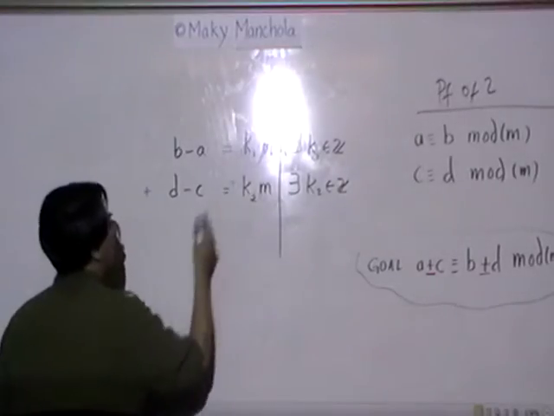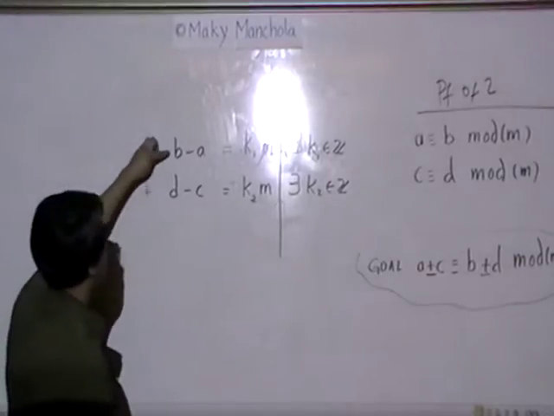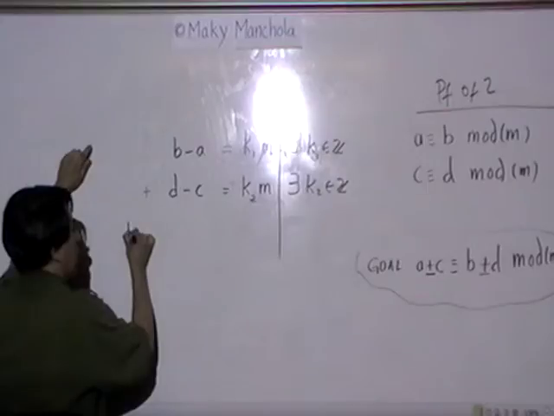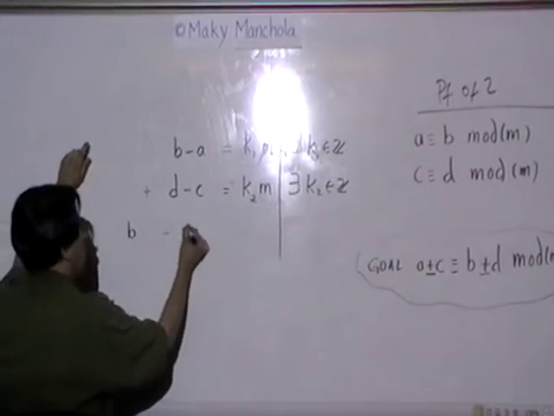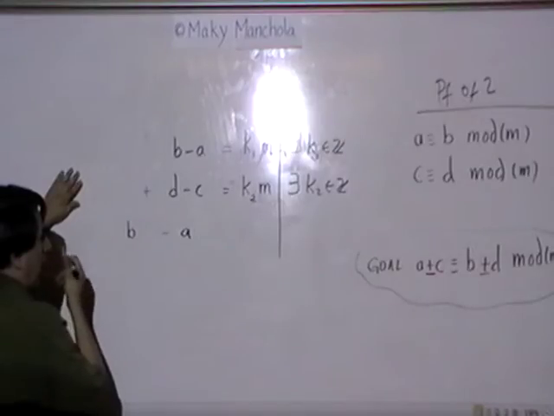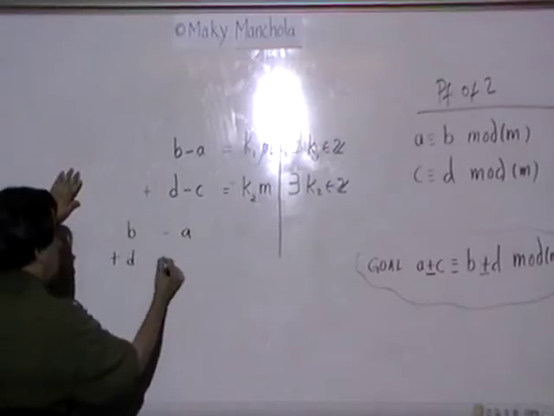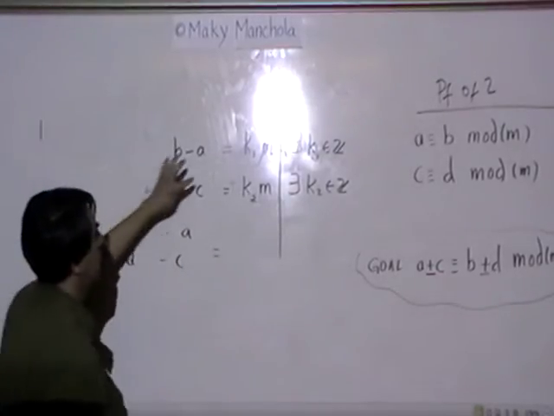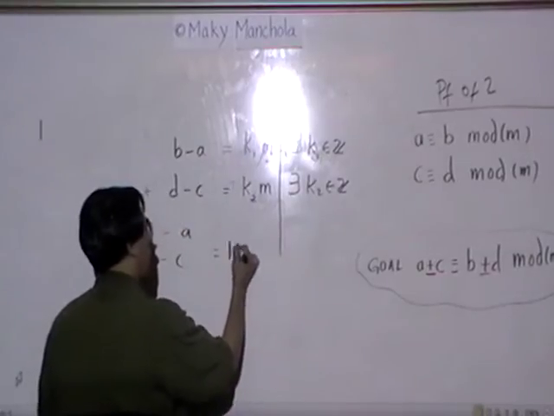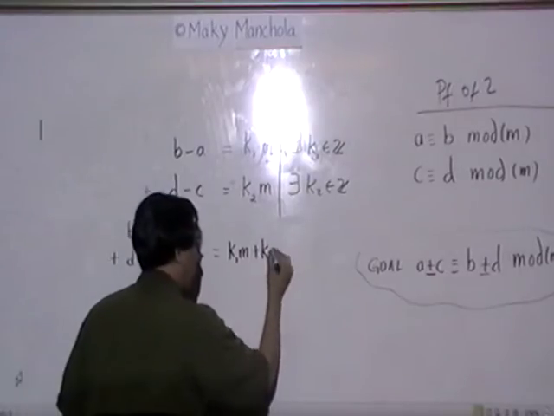If you add them up, what do we get? We're going to get B minus A plus D minus C equals K1M plus K2M.